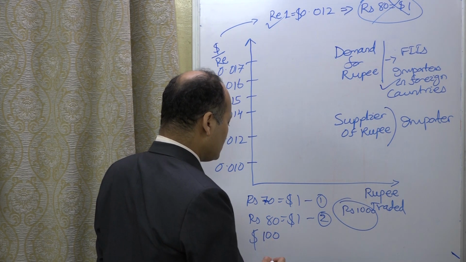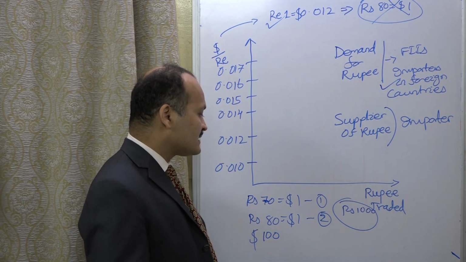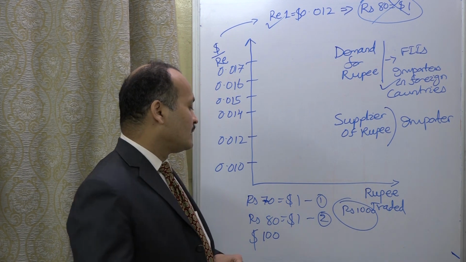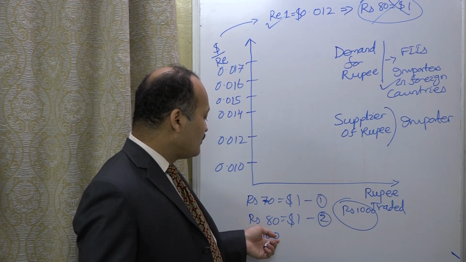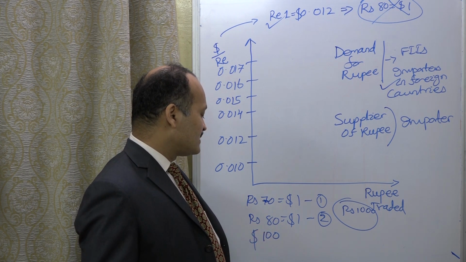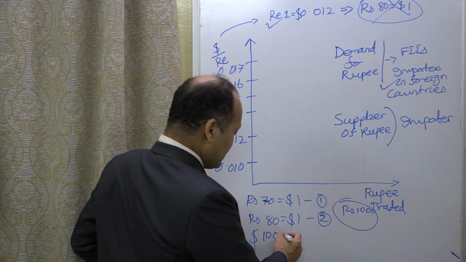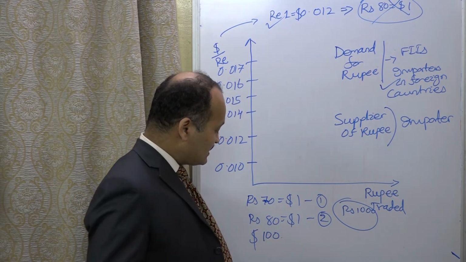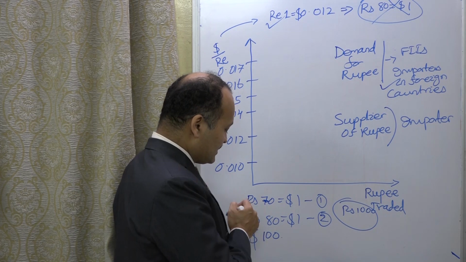That means the foreign importer has got $100. He wants to buy sweaters from India to sell in the US. Now how many sweaters can he buy? You would find that with $100, how many sweaters he can buy will depend on the exchange rate.